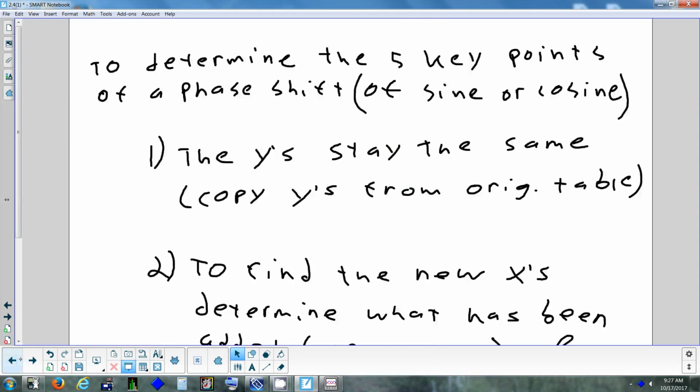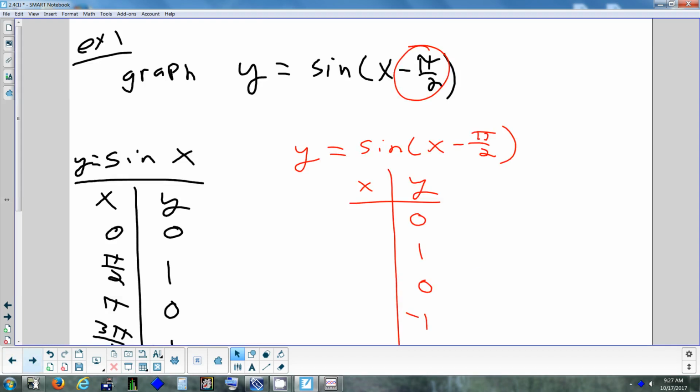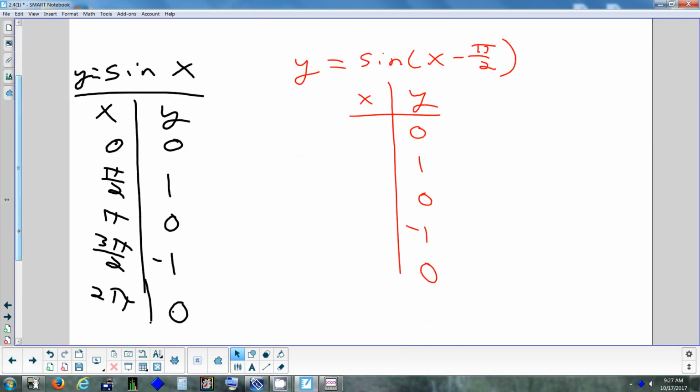Let's go back, just double check. So step 2, figure out what's been added or subtracted and do the opposite. So what would you do? What's the opposite of subtract pi over 2? We're going to add it. You're going to take every x value in this table and add pi over 2.